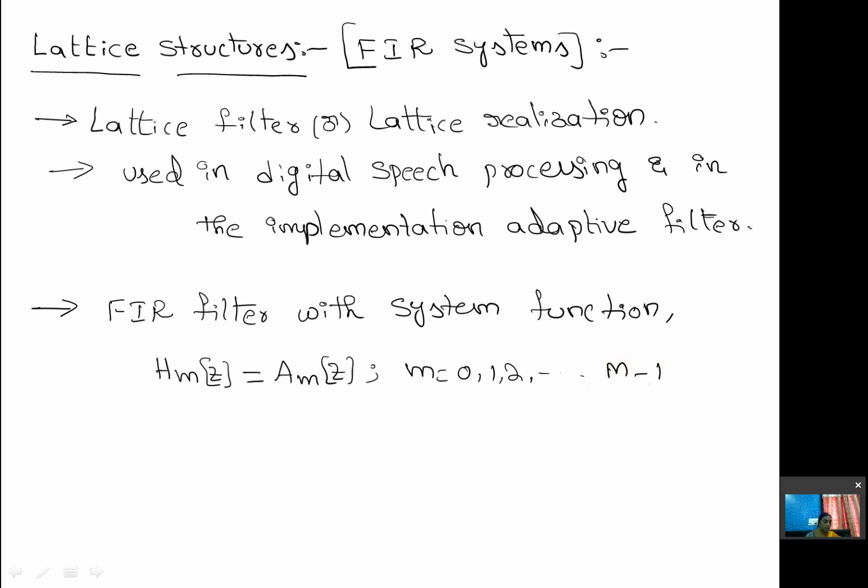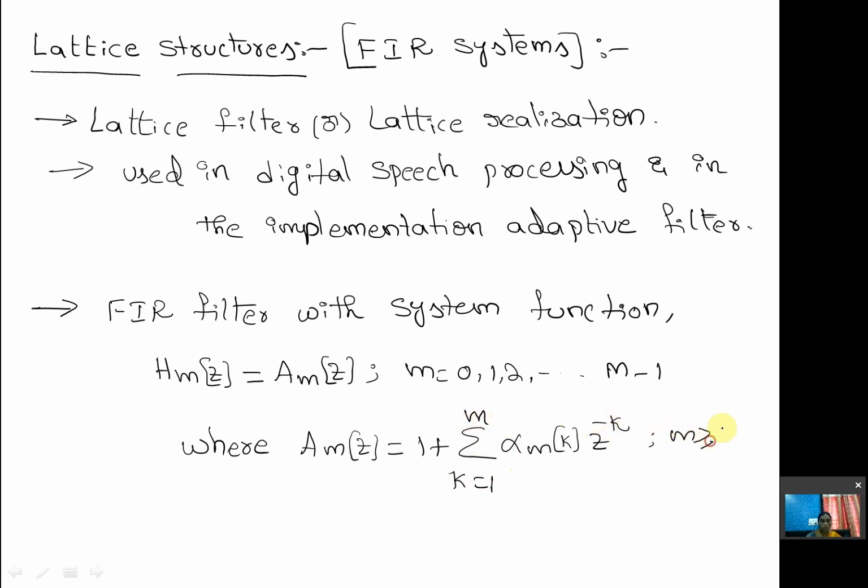Now what is A_m(z)? A_m(z) is nothing but 1 plus the summation of alpha_m(k) z power minus k, with k from 1 to m, where m is greater than or equal to 1.